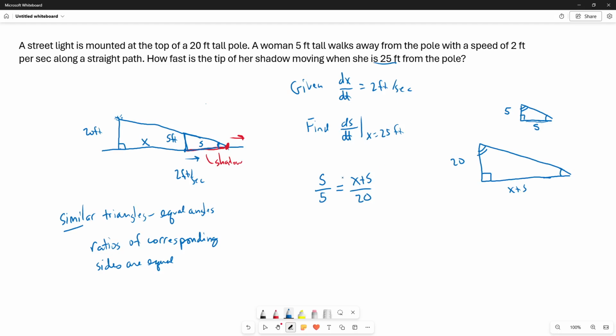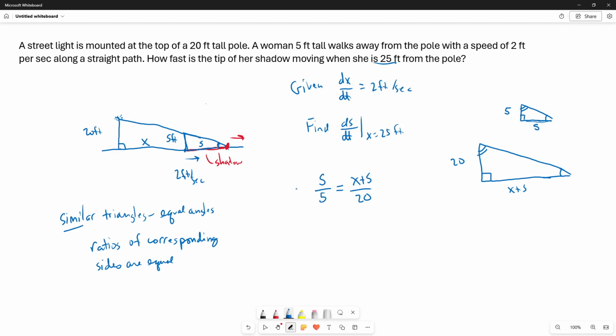But before we differentiate both sides of this equation, let's see if we can find a simpler relationship between x and s. If we multiply both sides of this equation by the lowest common denominator between 20 and 5, which is 20, then we will get rid of all the fractions.